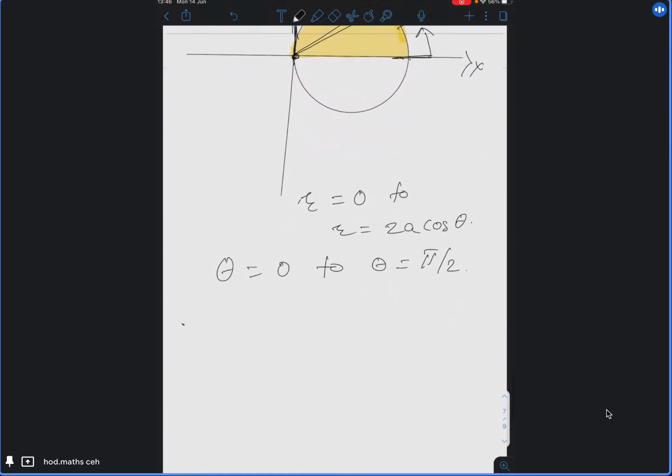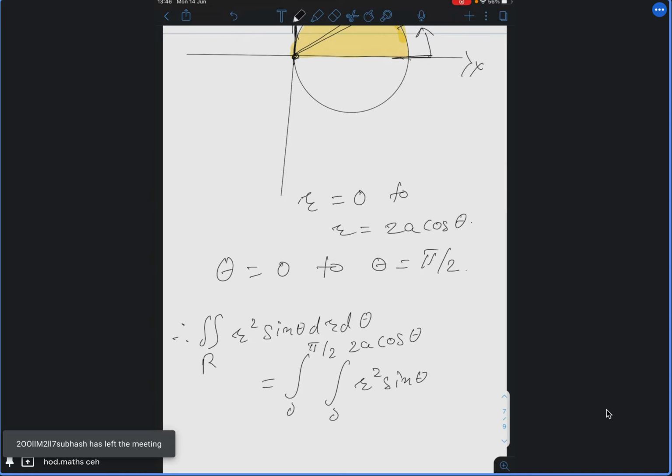Therefore, our double integration over r sin theta dr d theta is now integral 0 to pi by 2, integral 0 to 2a cos theta, r square sin theta dr d theta.